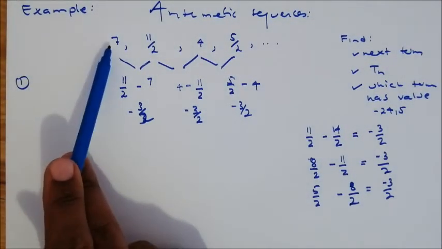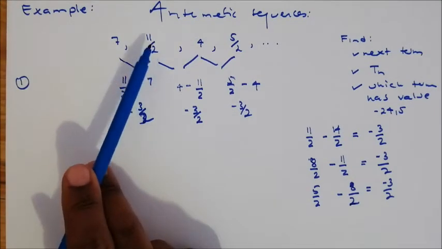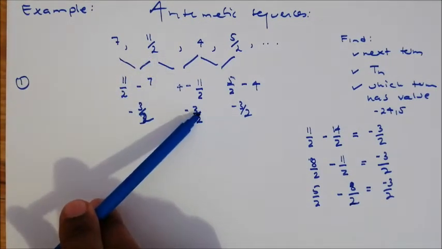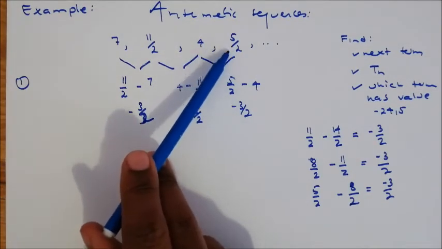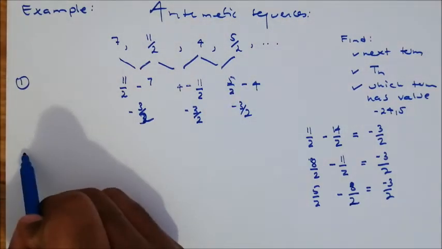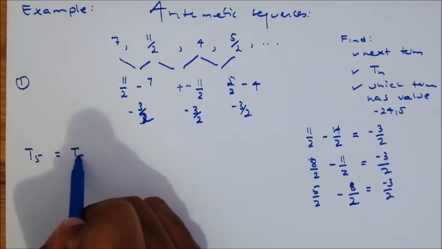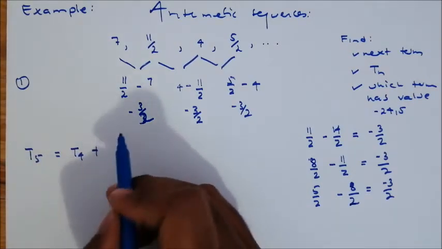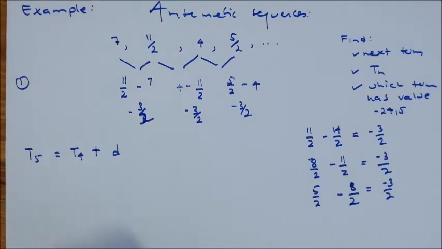And we know that we start with 7 and add this value, we're going to get this one. 11 over 2, add this value, we're going to get this one. 4, add this value, we're going to get this one. So 5 over 2, add this value, we're going to get the next term. So now T5, which is the next term, is going to be T4 plus the common difference, right?